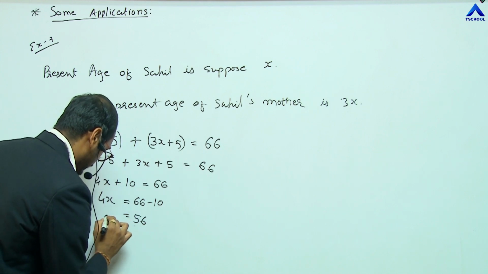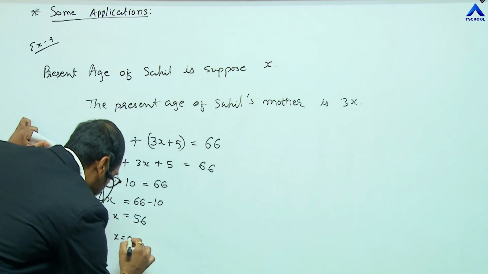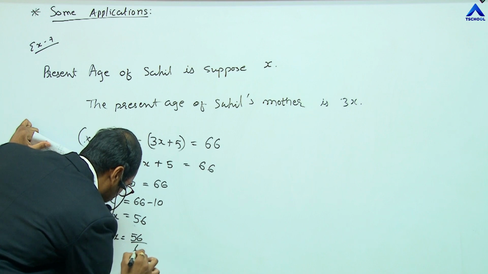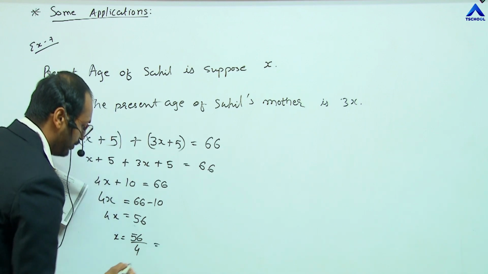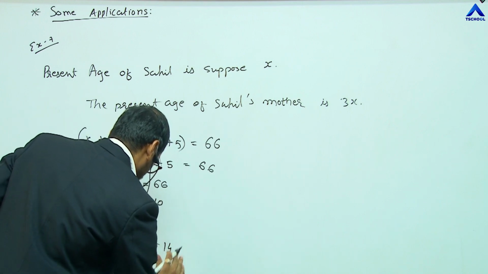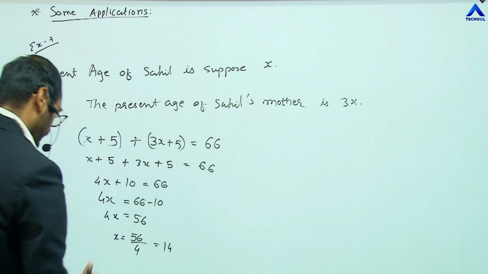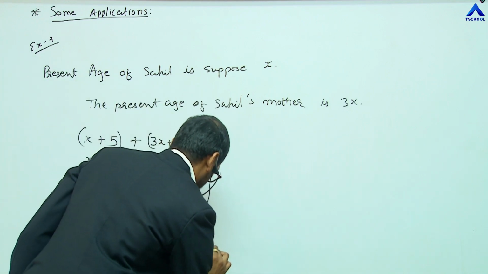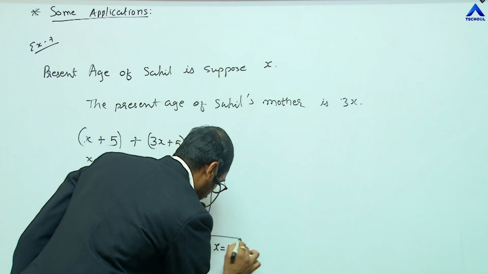Here 4x. So let me divide by 4 on both sides. 56 divided by 4, here 4 will be cancelled and X remains alone. 14 4s are 56. So the result is X equals 14.